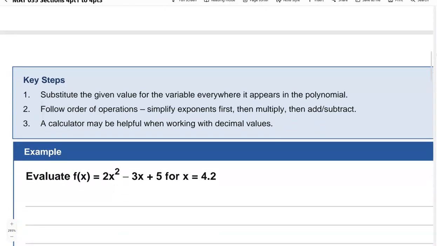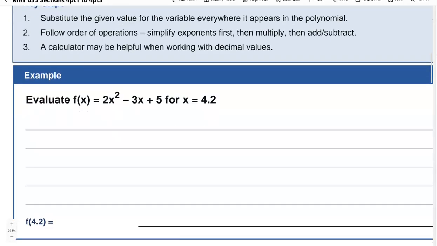Now let's talk about how do we evaluate a polynomial. Let's say we have a polynomial and they're using f of x notation. And all that means is it's a function, which means each x is going to correspond to one y. We'll talk more about functions later. Let's say we want to evaluate at a particular x value. So all that means is I'm going to plug in 4.2 for all the x's in this problem.